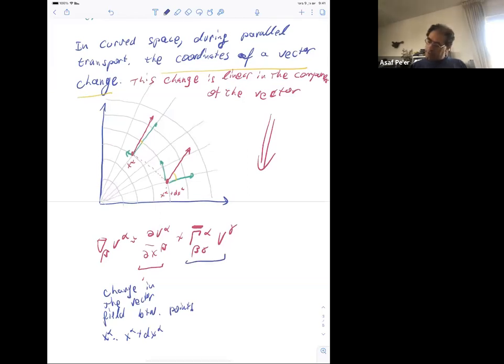This term here is because of the change of the basis vectors between the two points. Are you all with me? You see that? This is something which is easy to visualize, as easy as it gets in this course.